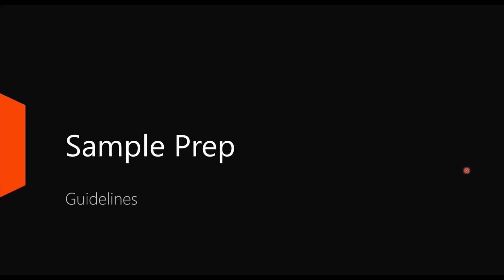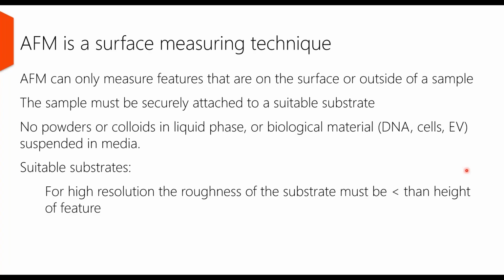So for the last bit of this talk, the last 5 minutes or so, or even less, I wanted to talk to you about some sample prep and guidelines for sample prep. As I've been getting through, the AFM is a surface measuring technique. It can only measure features that are on the surface or outside of a sample, on the top layer of a sample.